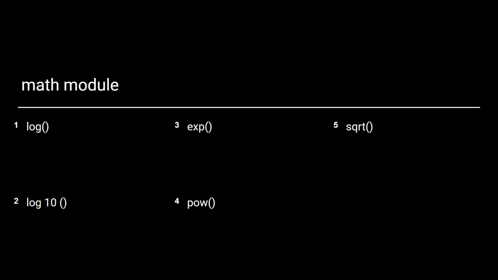It returns the logarithm of a given number to the base 10. Then we have the exp exponential function. It returns a float number after raising e to the given number. Then we have the pow function. It receives two float arguments and returns the value of the first raised to the second. Then we have sqrt. It returns the square root of a given number.